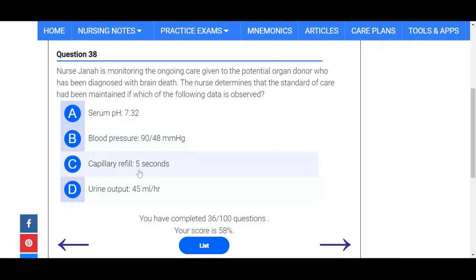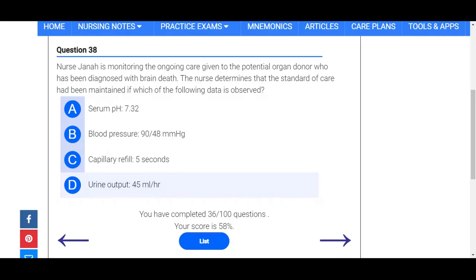Capillary refill of 5 seconds is so slow. This should be within 2 seconds. Urine output 45 ml per hour. We know that a normal urine output of an adult is 60 ml per hour.